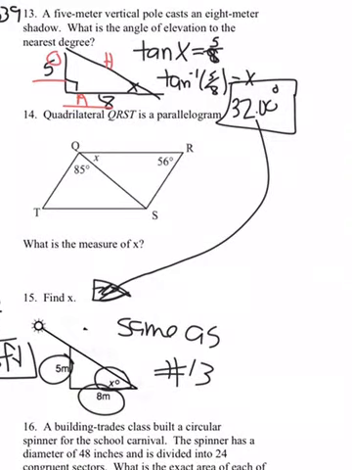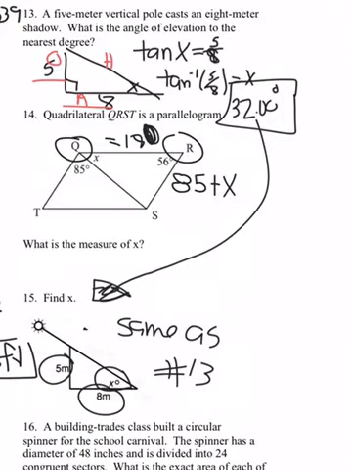Alright, so in between that, 14, quadrilateral QRST is a parallelogram. In a parallelogram, consecutive angles are supplementary. So those two are going to add to 180. So you're just very simply going to get 85 plus x, because that's Q, plus 56 equals 180. 85 plus 56 gives you, what does it give you?